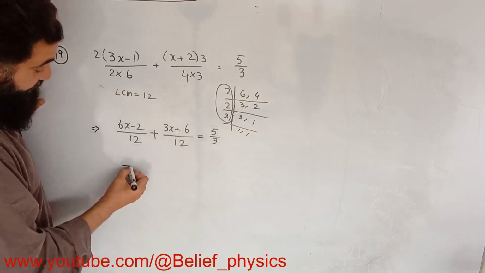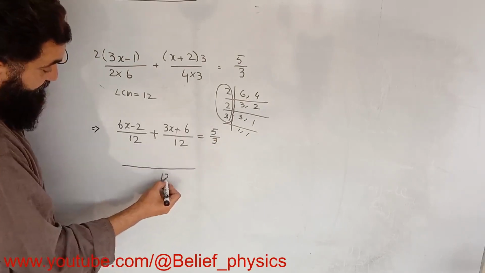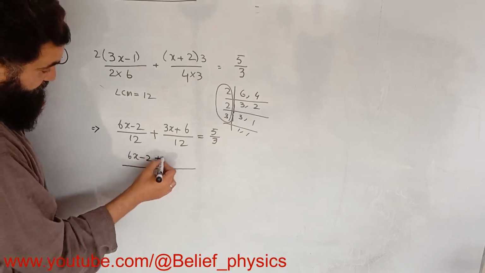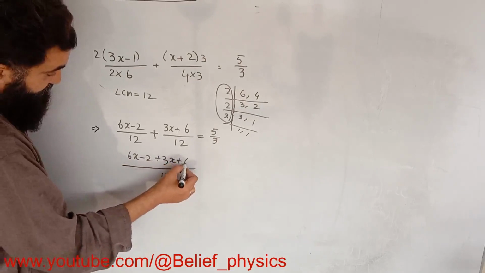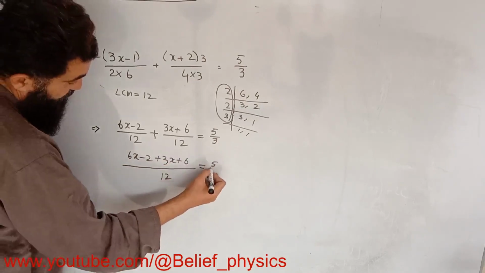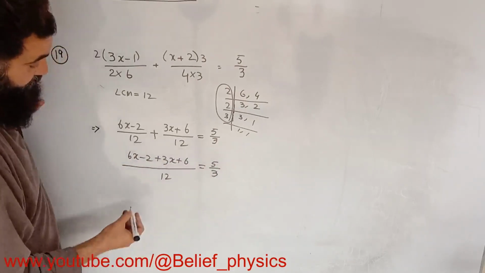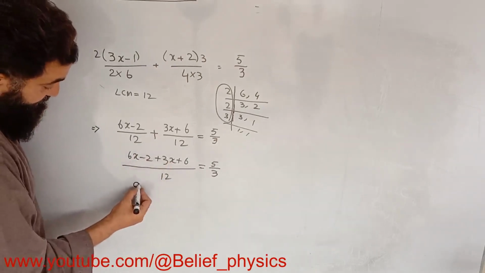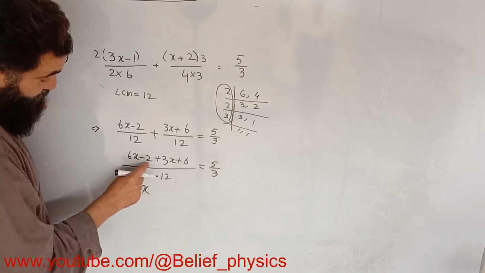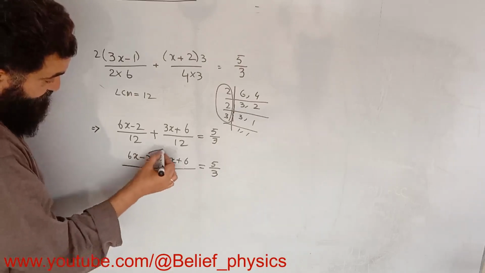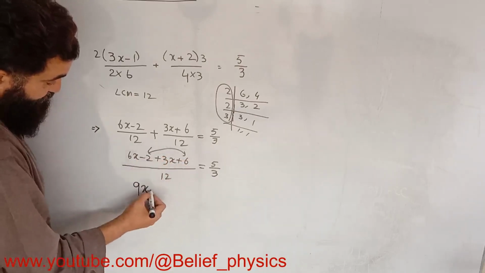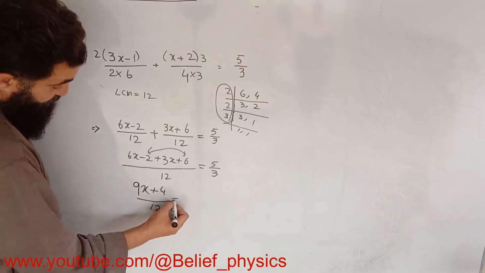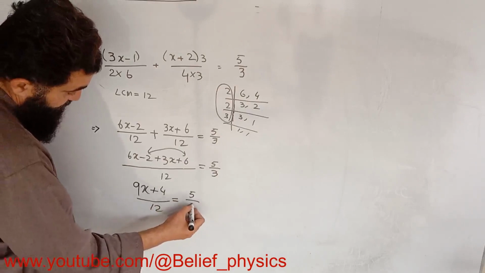Now I take the LCM to make a single fraction: (6x minus 2 plus 3x plus 6) over 12 is equal to 5 over 3. 6x plus 3x is 9x, and minus 2 plus 6 is plus 4. So (9x plus 4) over 12 is equal to 5 over 3.